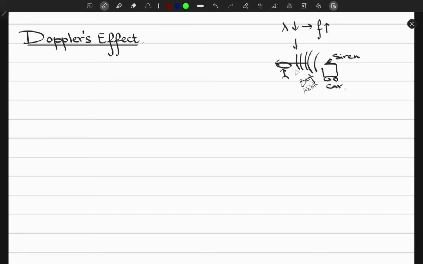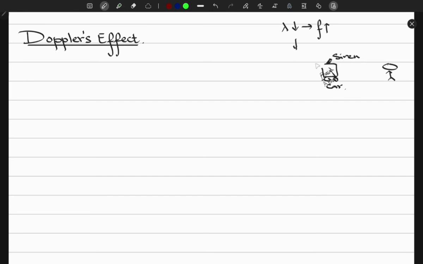Now, when the car just goes past you, you can say that now you're here and the car has moved past. So the waves that it has been emitting are now not being congested by anything.